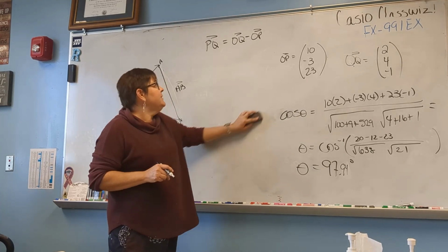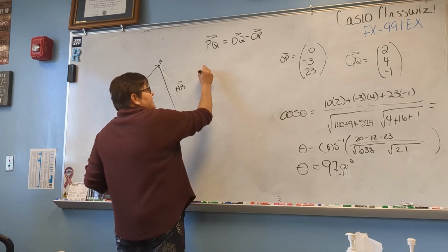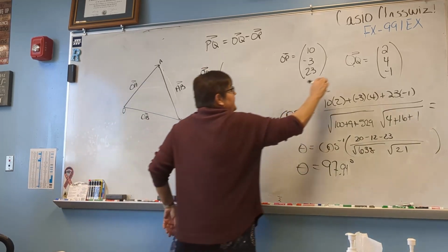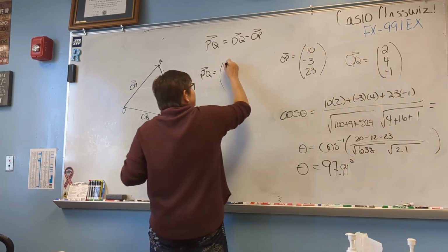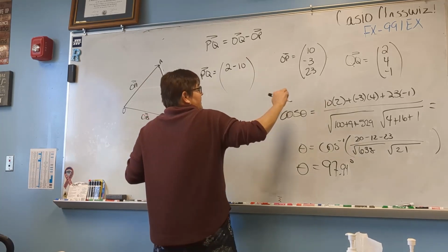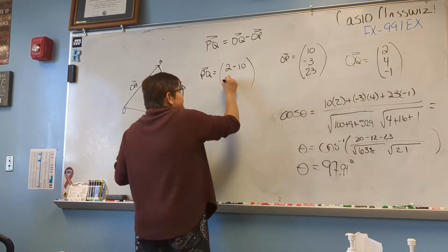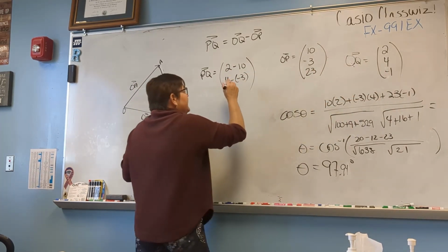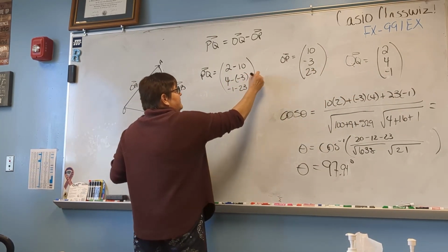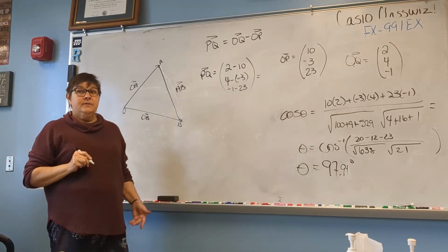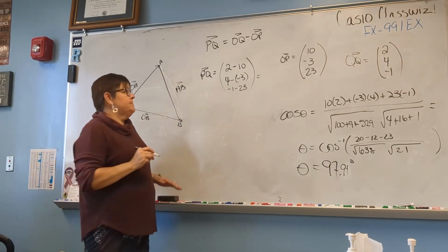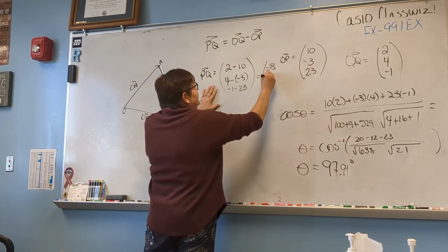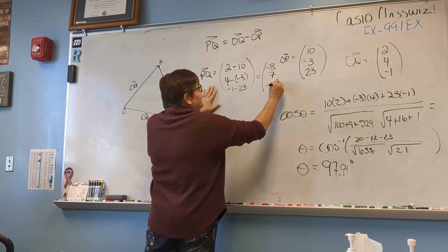So are we able to find PQ? Sure. PQ is going to be 2 minus 10, 4 minus -3, and then -1 minus 23. So what is the new vector PQ? -8, 7, and -24.